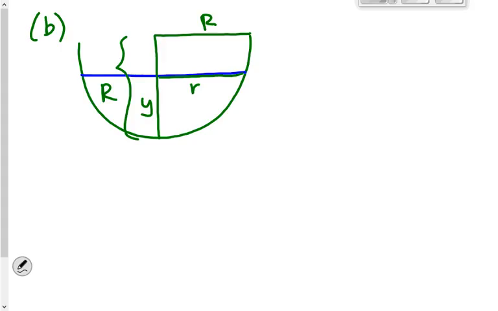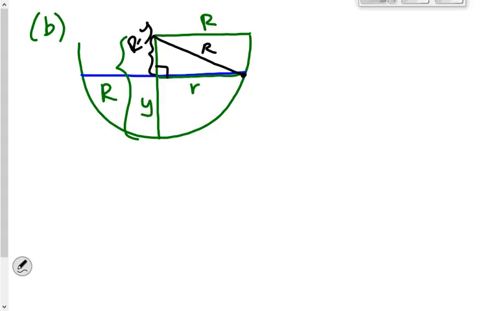Where? I don't see a triangle. Okay. So yeah, there's a triangle. Yeah, well, we have capital R. This is what we're looking for, but if I'm doing Pythagorean theorem, I need a third side, right? Excellent, Priya, way to go. Yep, capital R minus y.